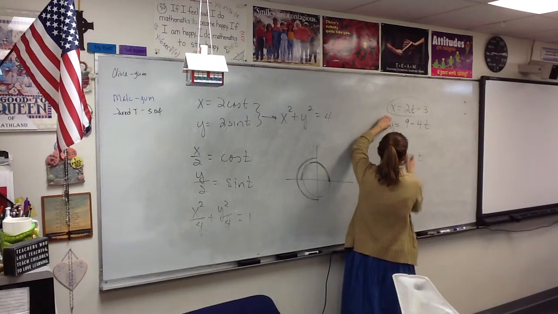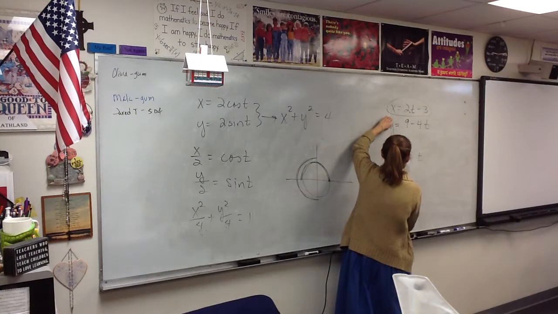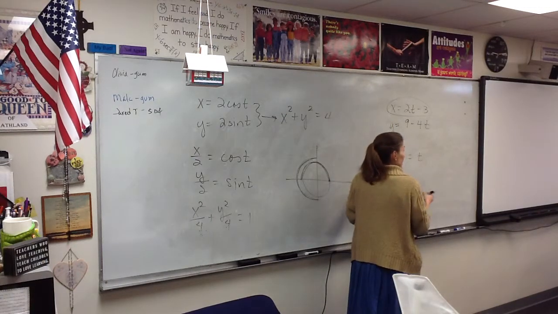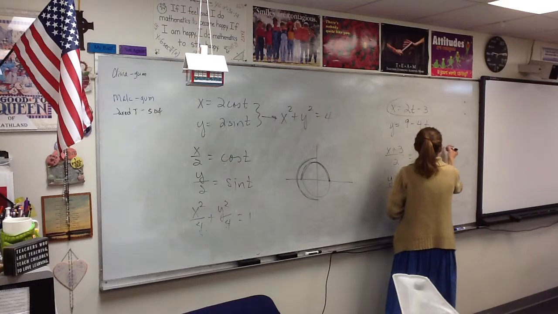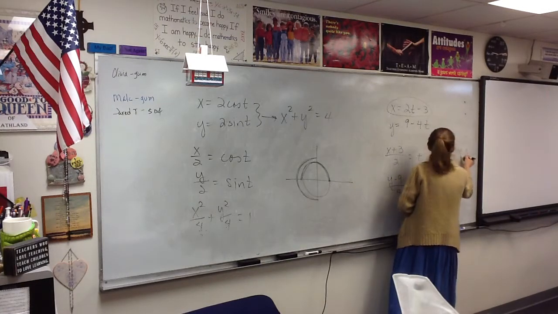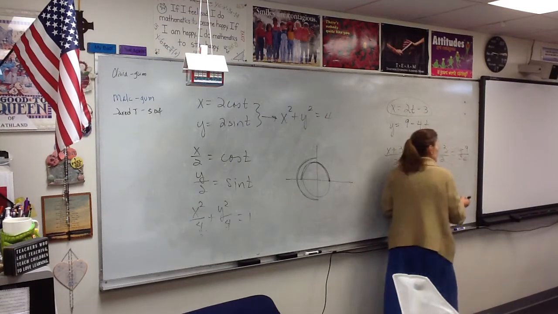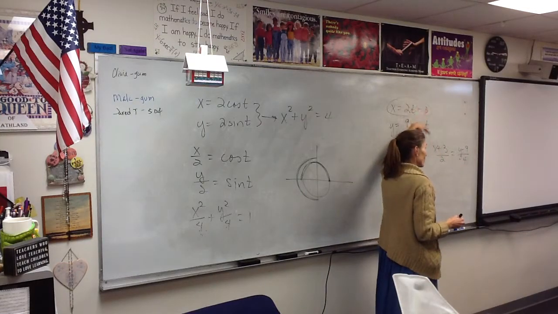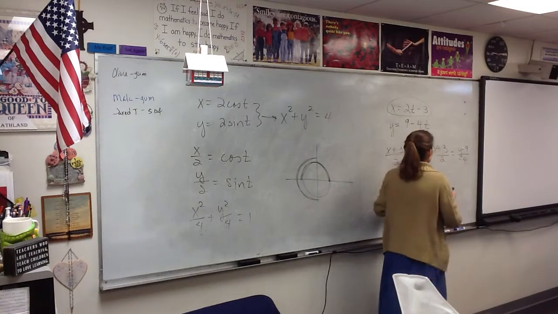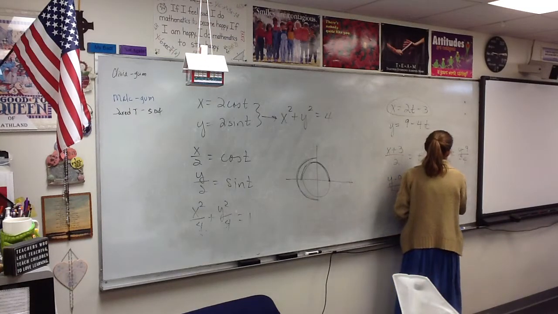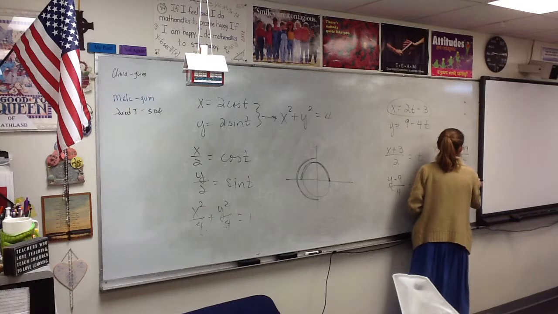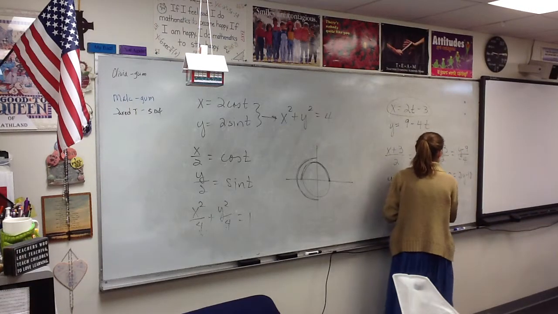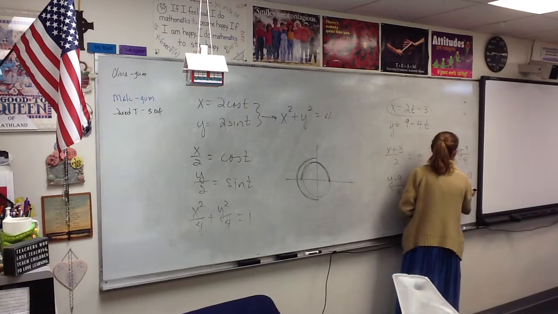I like to go ahead and solve this one, y minus 9 over negative 4 equals t. And then I set them equal to each other. For some reason, that's just easier for me. x plus 3 over 2 equals y minus 9 over negative 4. Then I can cross multiply, and I don't have to worry about all the common denominators I was going to have to deal with up here. So negative 4x minus 12 equals 2y minus 18. So negative 4x minus 2y equals negative 6.